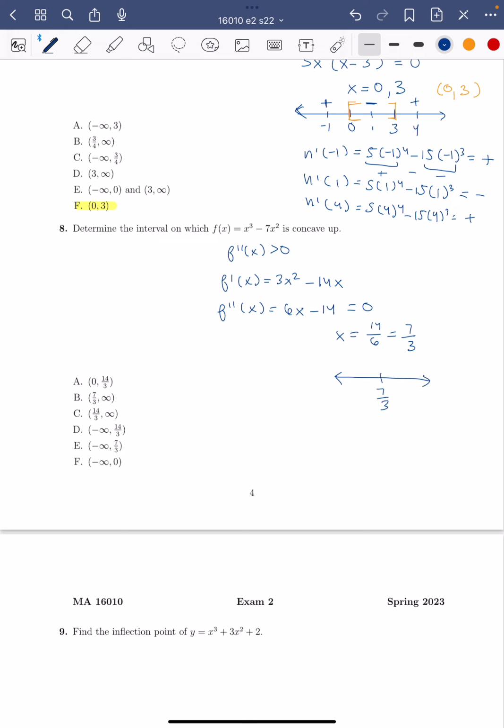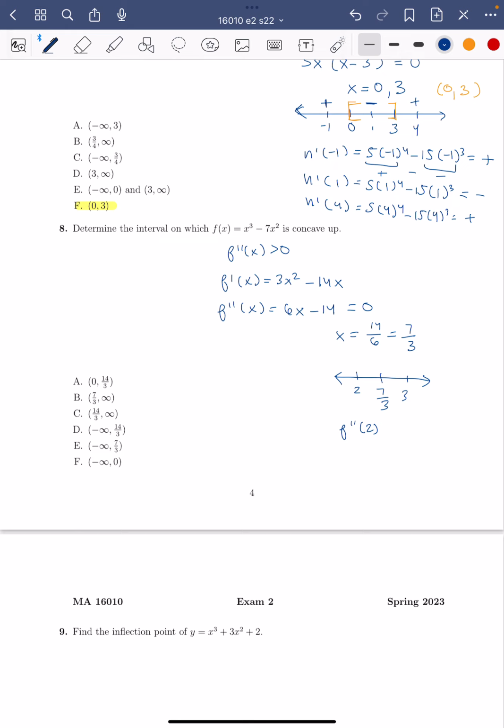Now, it's as simple as plugging in a number less than 7/3 and a number greater than 7/3 to see where the second derivative is greater than 0. So f double prime of, let's use 2, because 2 is a little bit smaller than 7/3 and 3 is a little bit bigger than 7/3.